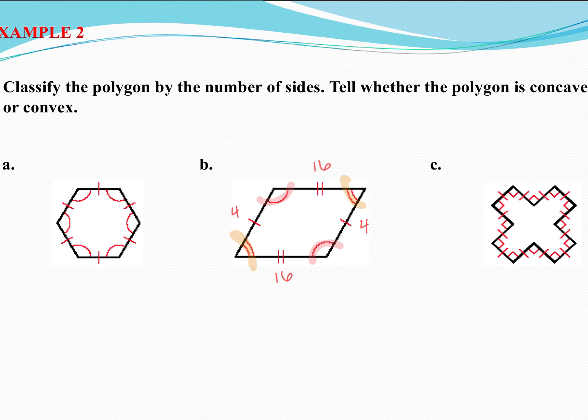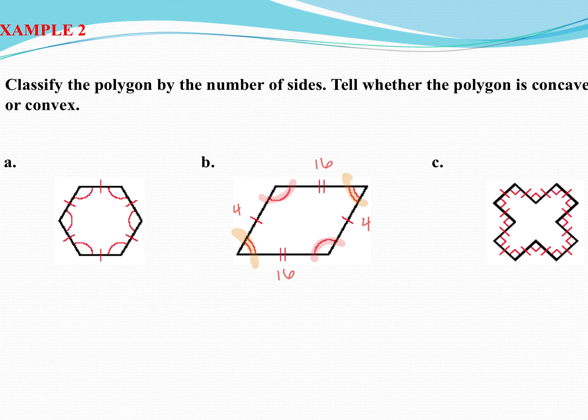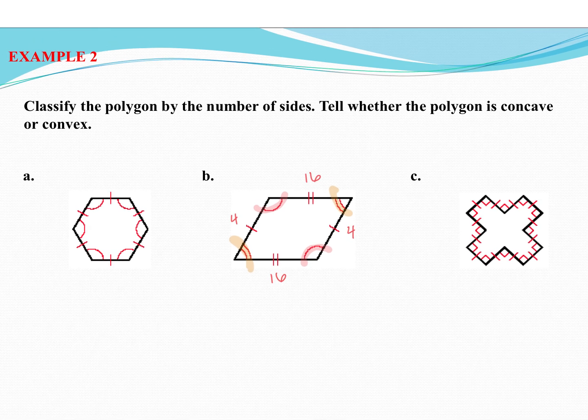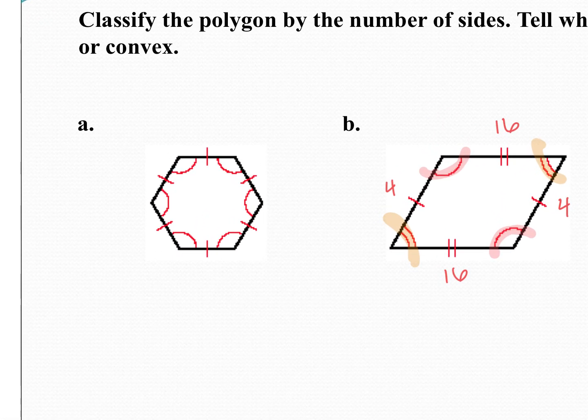It says classify the polygon by the number of sides. Tell whether the polygon is concave or convex. So looking at the first one, A, how many sides are there? Okay, we'll say there's 6. 1, 2, 3, 4, 5, 6 sides. And what is this shape called?